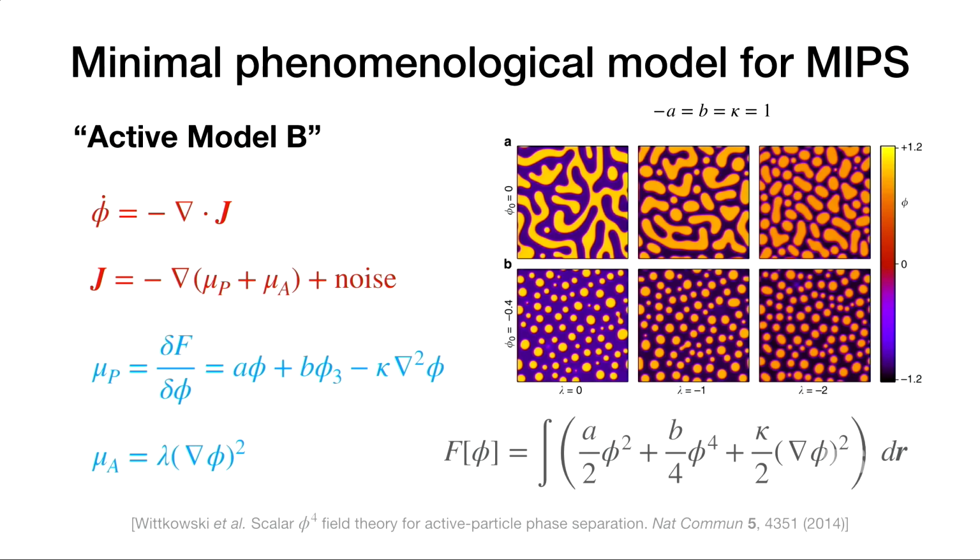Okay, and this active chemical potential, this is something you cannot derive from a free energy. With this minimal model you can see that if you just evolve this model, you see this separation of phases between the high density and the low density region. So phi is like the density parameter.